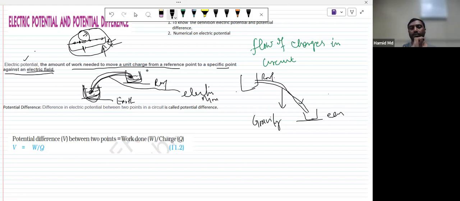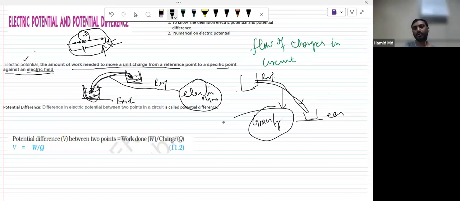Same in the electric field. You may replace the electric field with the motor, or with gravity. So what we have to do to bring a charge from this position to another position is some work against the electric field.